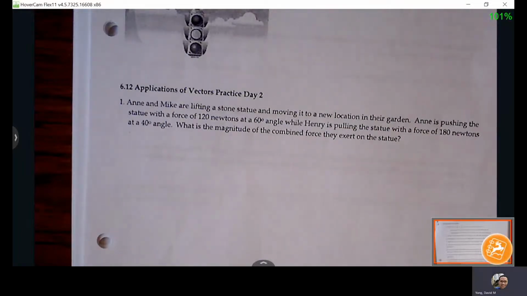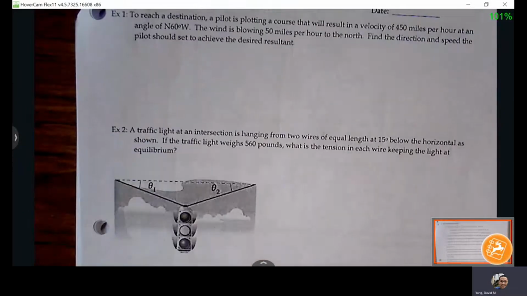Okay, any questions? I'd like to get a head start into day 2. Word problems, these are a bit more challenging.